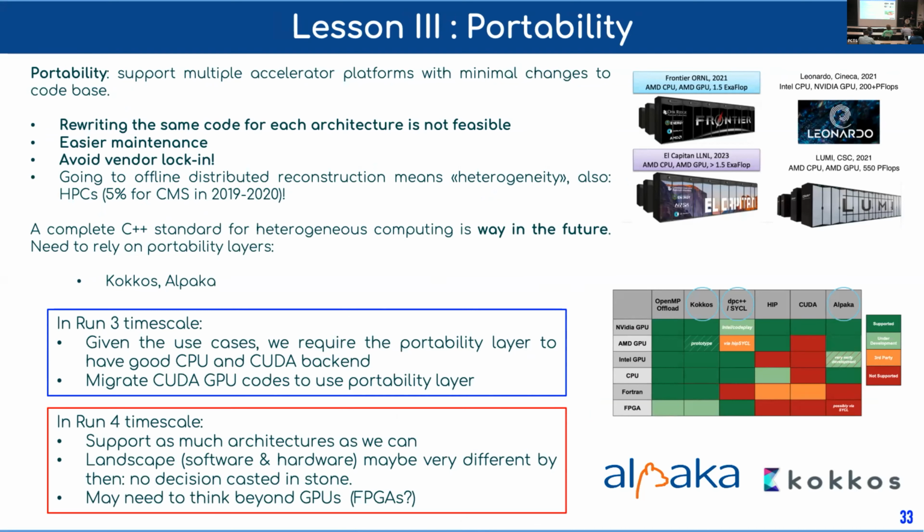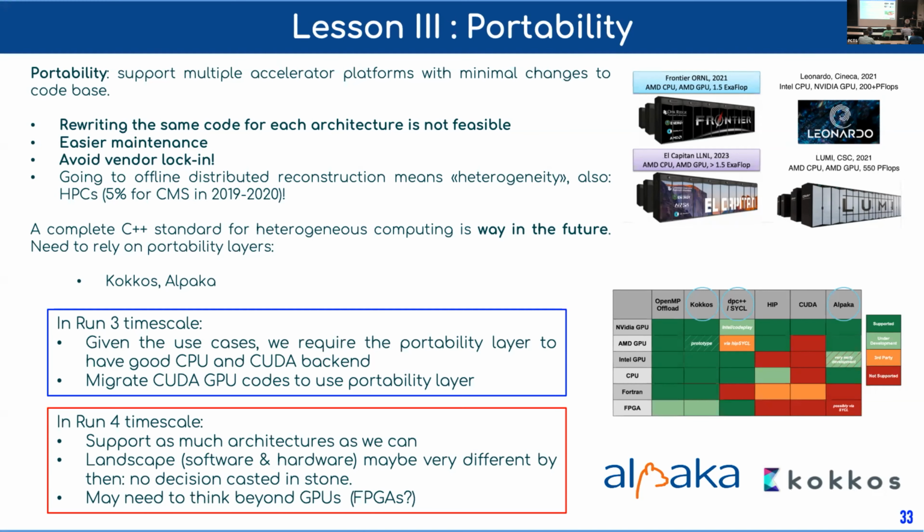And there are many reasons to do this. The idea is to have code that runs on multiple accelerators. The first thing is that rewriting the same code for each architecture is not feasible, because it means double, triple, or whatever the effort, depending on what architecture you want to run on.